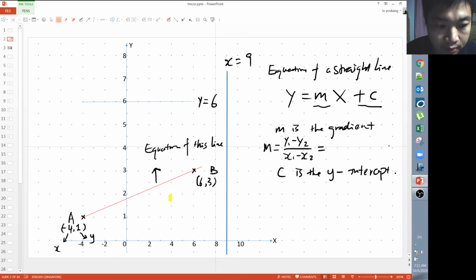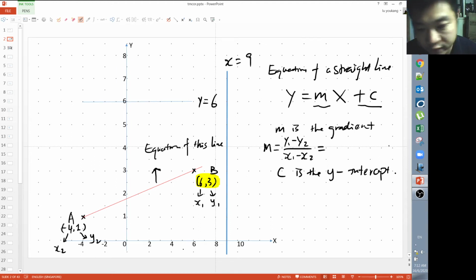you either pick this pair first, or you can pick this pair first. Okay, in this case, I'm going to use 6 as my x1 and 3 as my y1. So therefore, this minus 4 will be my x2, and then this 1 will be my y2.